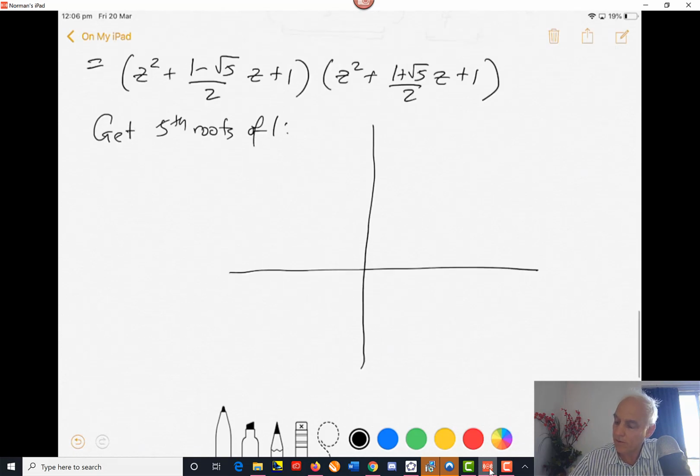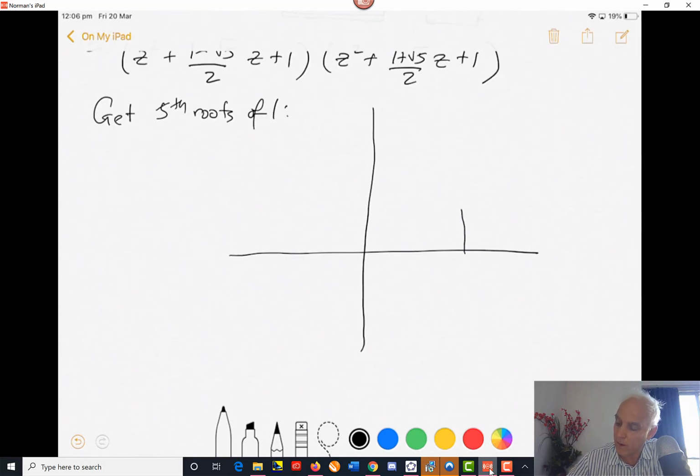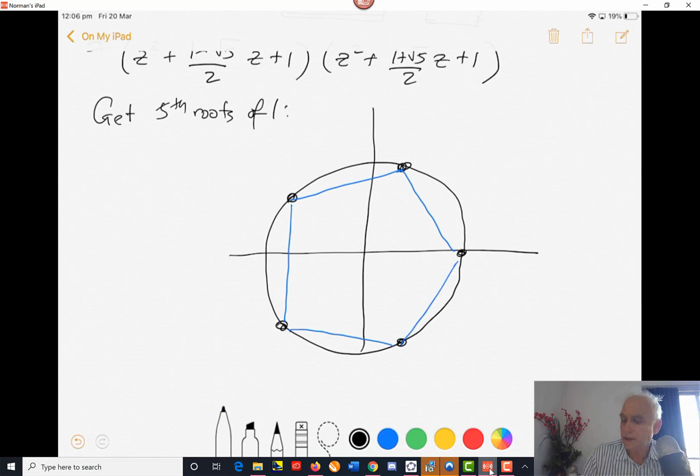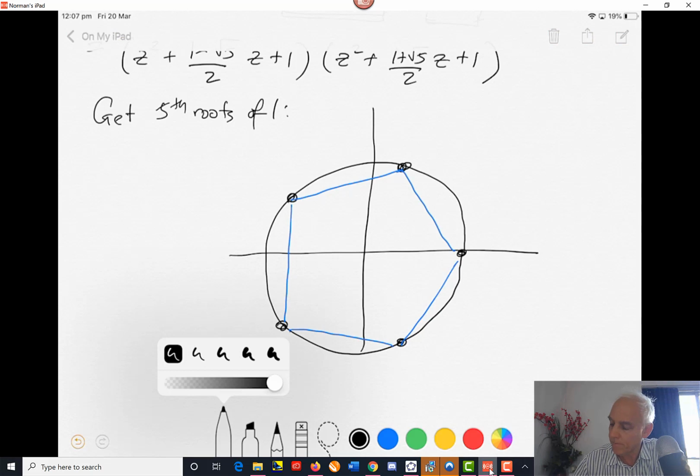Okay, so here is our unit circle. There's one here, one here, one here, one here, and altogether these should form a regular pentagon. It's a little bit complicated what the actual points are here, but let me write down what they are.